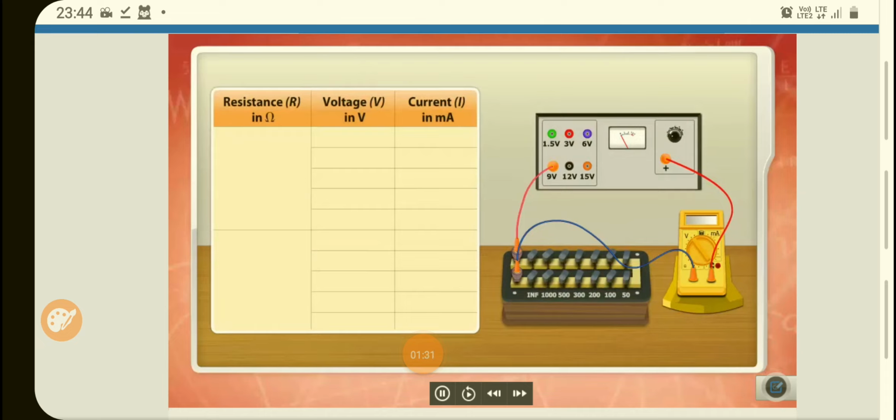Let's begin. For the first part of our experiment, we'll keep the resistance constant at 100 ohms. Click on the 100 ohm key to set the resistance at 100 ohms.